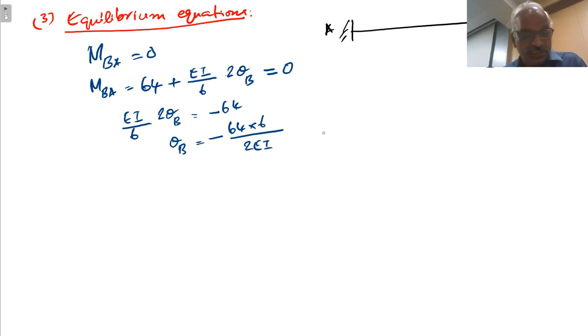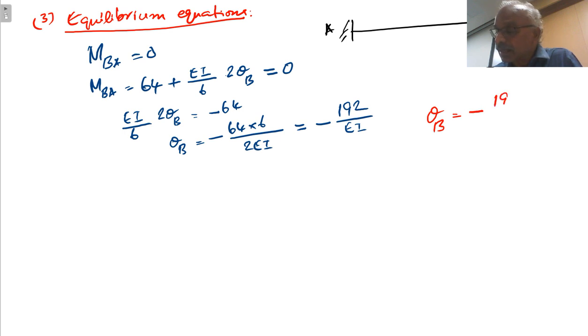On simplification this will be equal to minus 192 by EI. So this is the value of theta B. Theta B equal to minus 192 by EI. That is the only unknown in this problem.